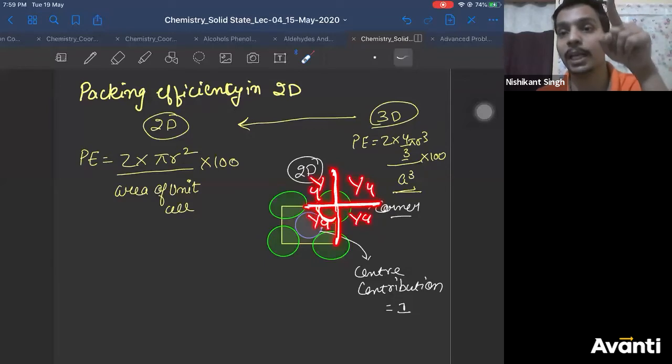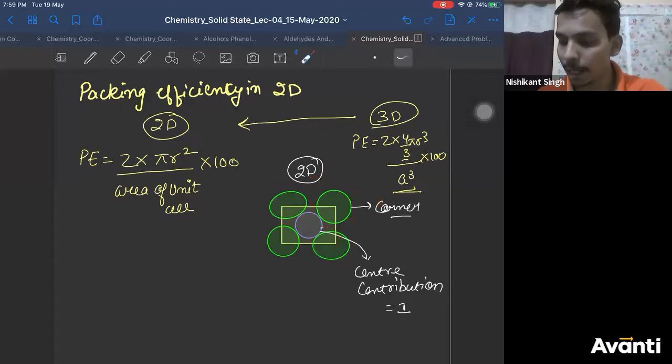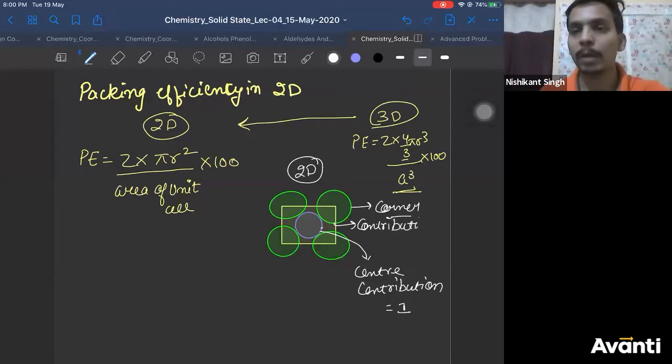Do not take the next floor. Do not take the another layer. Why? Because it is two-dimensional. There is no further height increasing. Correct? So what part of this circle belongs to this square unit cell? 1/4. So contribution of this corner particle is 1/4. Do not take 1/8. 1/8 was there if there was one more layer above this.